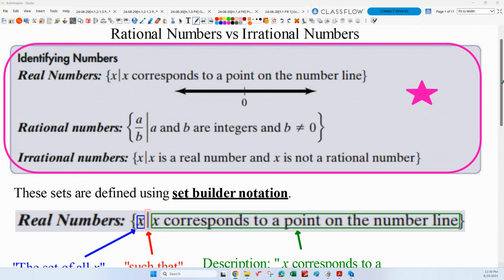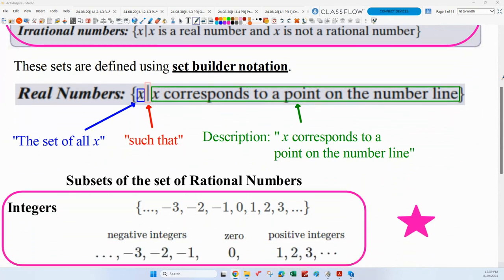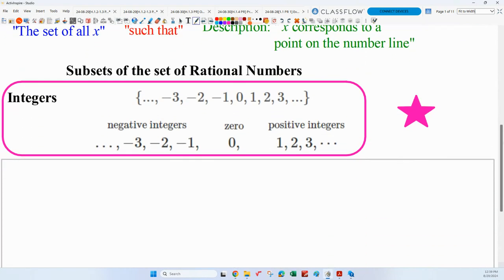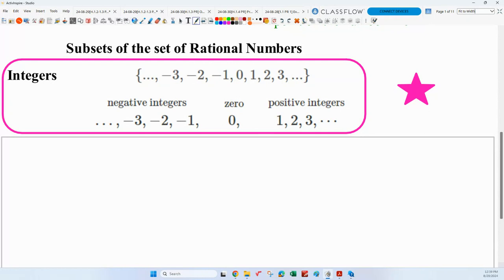We said that, and we talked about subsets. This is where we left off. We said, okay, if we take the rational numbers, we can break those up into some smaller sets of rational numbers inside the set of rational numbers that are interesting to us. And the one that I think we left off talking about was integers, right? Is that right? Yeah. Okay.